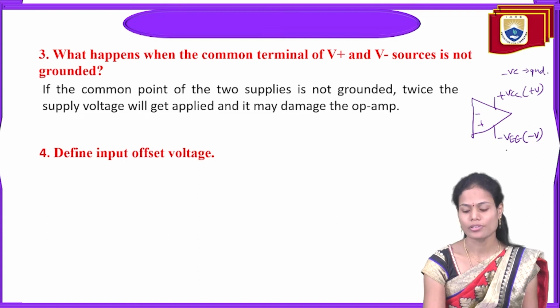In the other case, the negative terminal of the battery is connected to the operational amplifier and the positive terminal should be grounded. So the other terminals of both supplies must be grounded here.